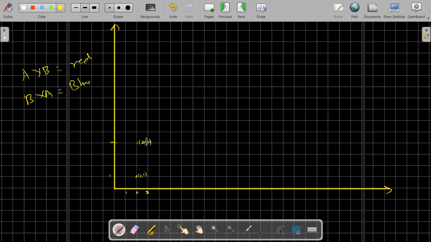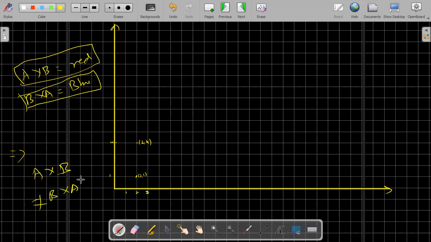Then you can show that these points represented by red color are different from the blue color points. Therefore, A cross B cannot be equal to B cross A. This is the graphical representation.